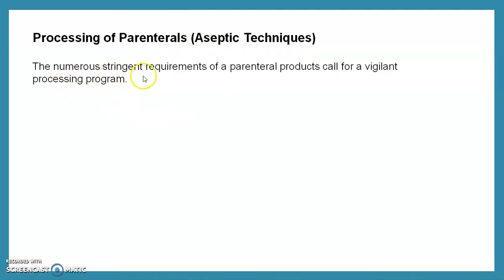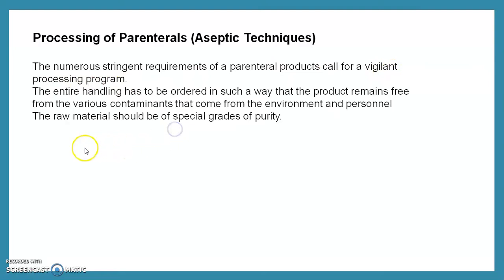The numerous stringent requirements of parenteral products call for a vigilant processing program. Entire handling has to be ordered in such a way that the product remains free from the various contaminants that come from the environment and the person.